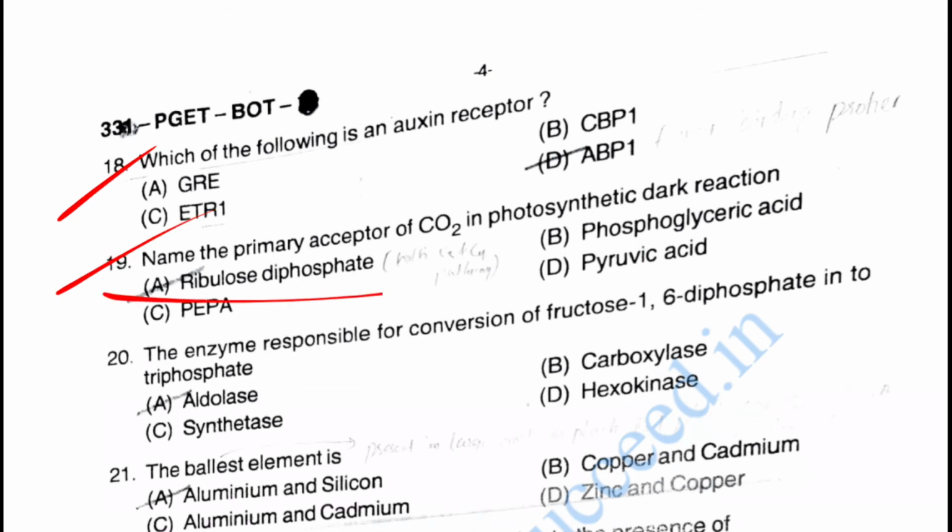So our answer is A. Clear? So keep in mind, RuBP, or ribulose bisphosphate or diphosphate, is the primary CO2 acceptor in photosynthetic dark reaction. Clear?